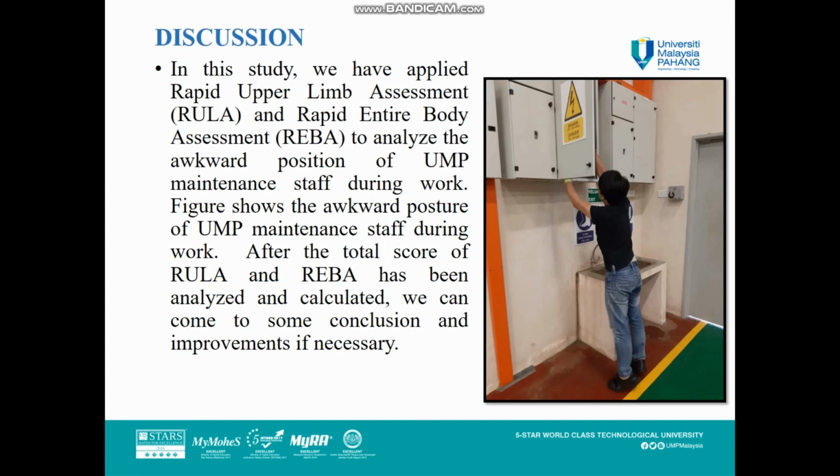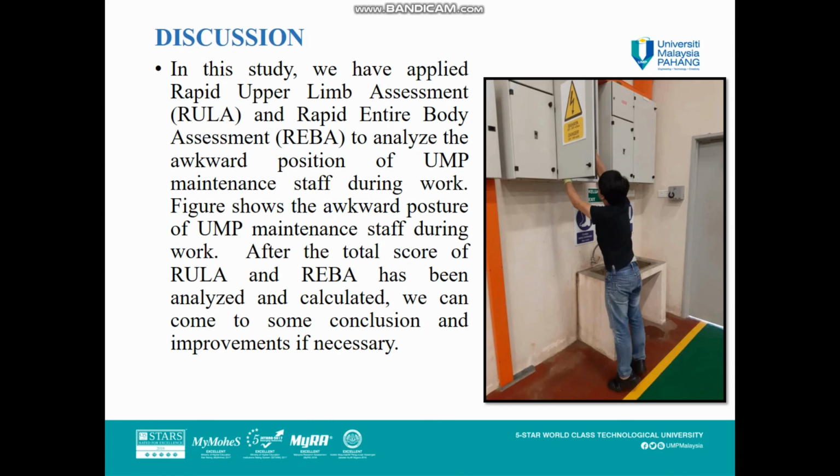From the discussion of this project, in this study we have applied Rapid Upper Limb Assessment, RULA, and Rapid Entire Body Assessment, REBA, to analyze the awkward positions of UMP maintenance staff during work.